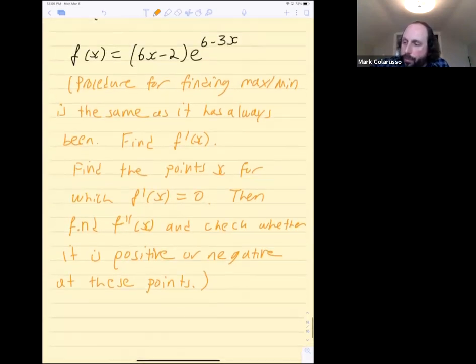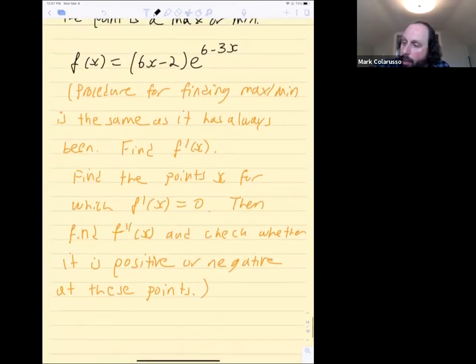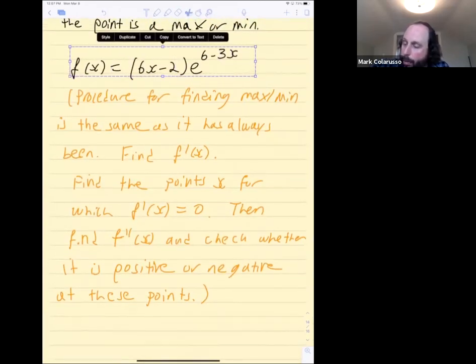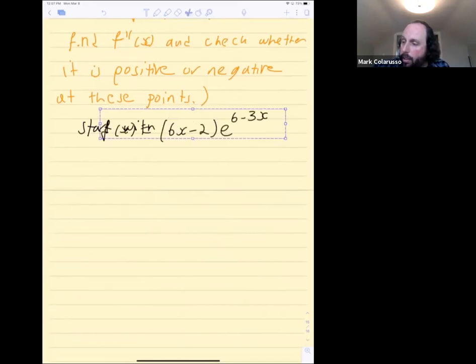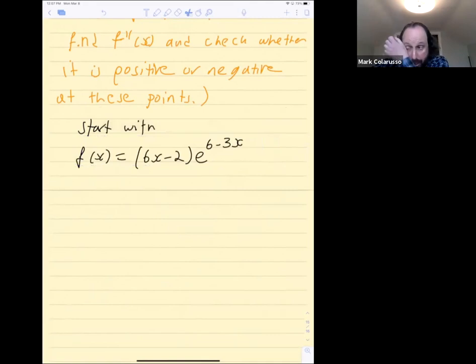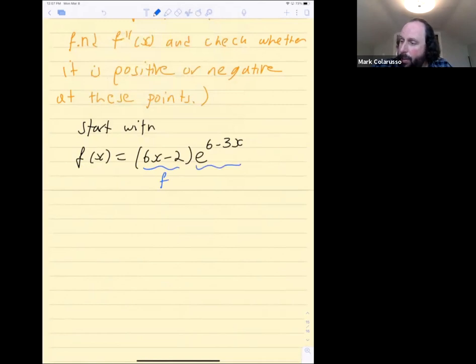We start with this guy, and you recognize that this is a product of two functions. The derivative is going to be a bit complicated. That's the one big difference with what we've been doing before, because we're going to have to use the product rule to unravel this at the first step.